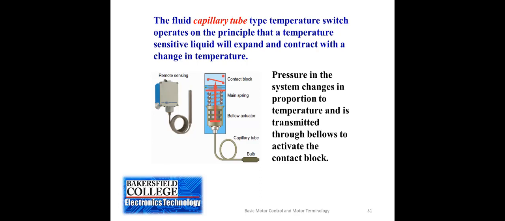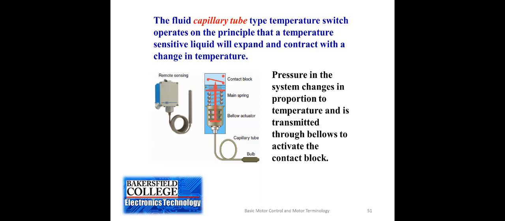A capillary tube is a very small diameter piece of tubing. Most always it is made of metal, and it is purchased with a particular length of tubing. Let's say you buy one that's 3 feet long, you can get up to 3 feet distance between the actual enclosure that has the switch in it and the area that you're making that measurement.